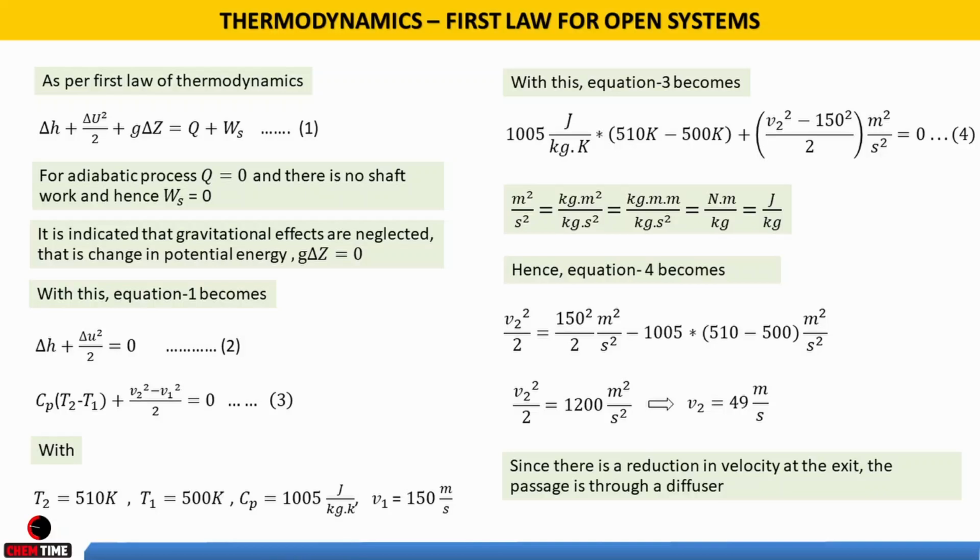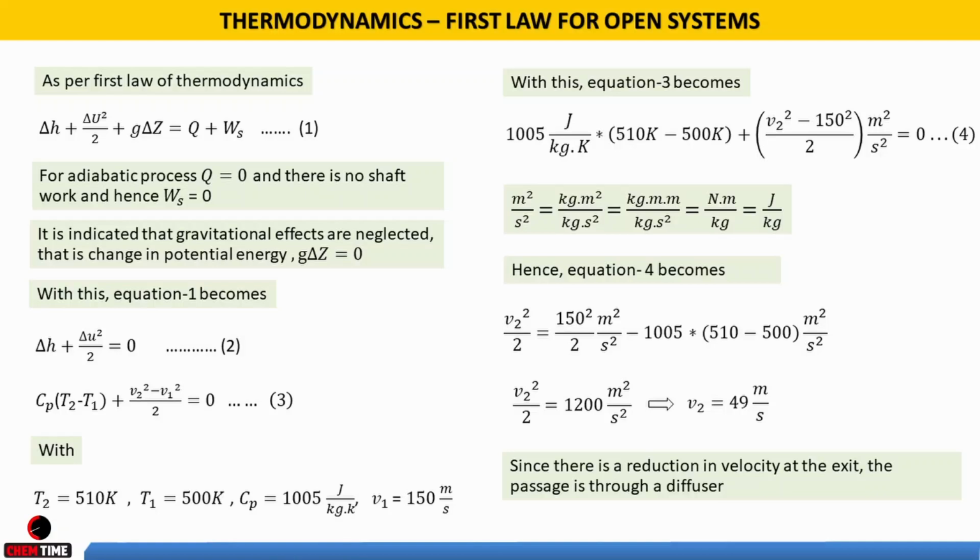So the net result is g delta Z is equal to 0, which simplifies equation 1 to delta H plus delta U square by 2 is equal to 0. Writing in terms of specific heat and the velocities at the inlet and outlet, the equation becomes Cp into (T2 minus T1) plus (V2 square minus V1 square) by 2.